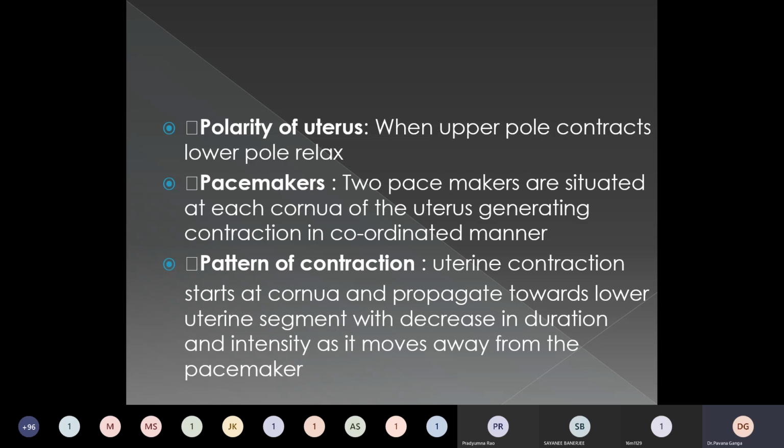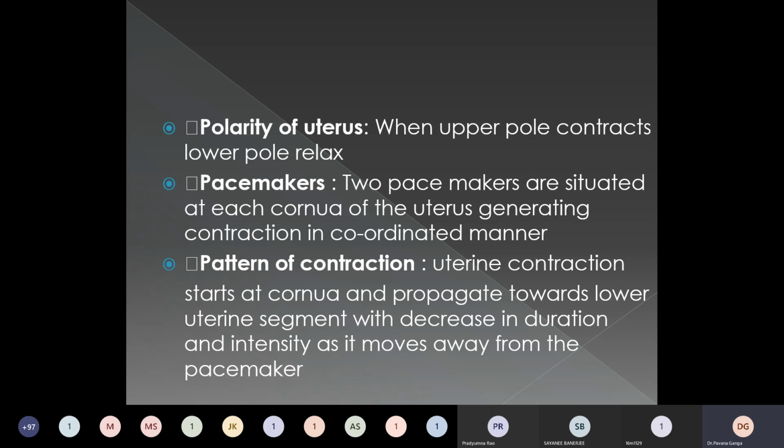What is the benefit of this polarity of the uterus? Your upper segment will contract, and in the lower segment the pressure gradually reduces, and as a result of the pull, the lower uterine segment will be taken up. That is how effacement, or shortening of the cervix, happens.